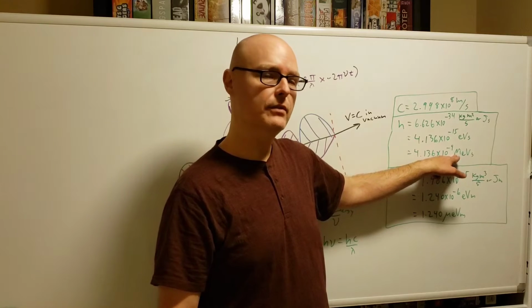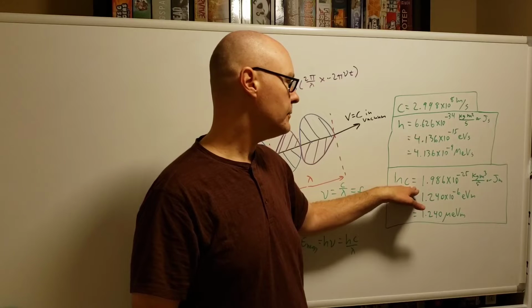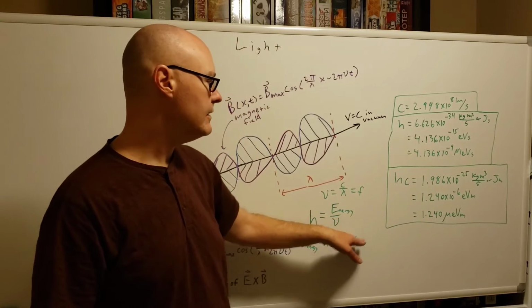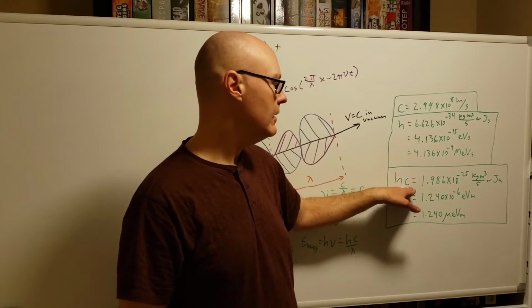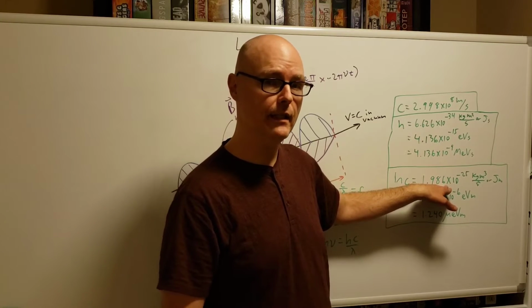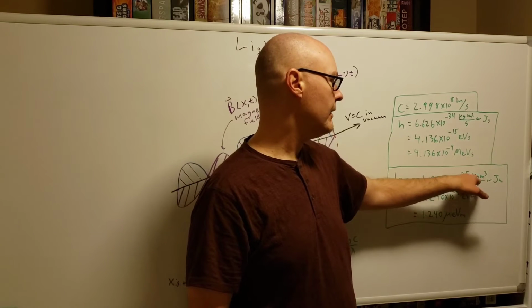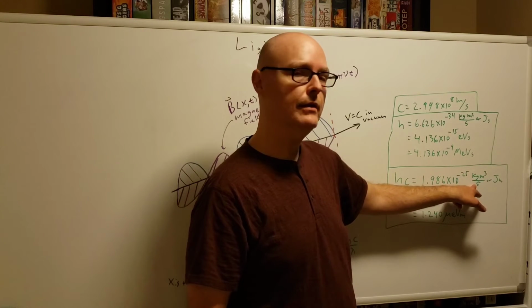If I take this quantity in electron volts and multiply it by 10 to the 6, I end up with mega electron volts. I have Planck's constant times the speed of light. Both of these are constants, which means that I can have a constant quantity, right? Constant times a constant is a constant. This is in kilograms meters cubed per second squared.